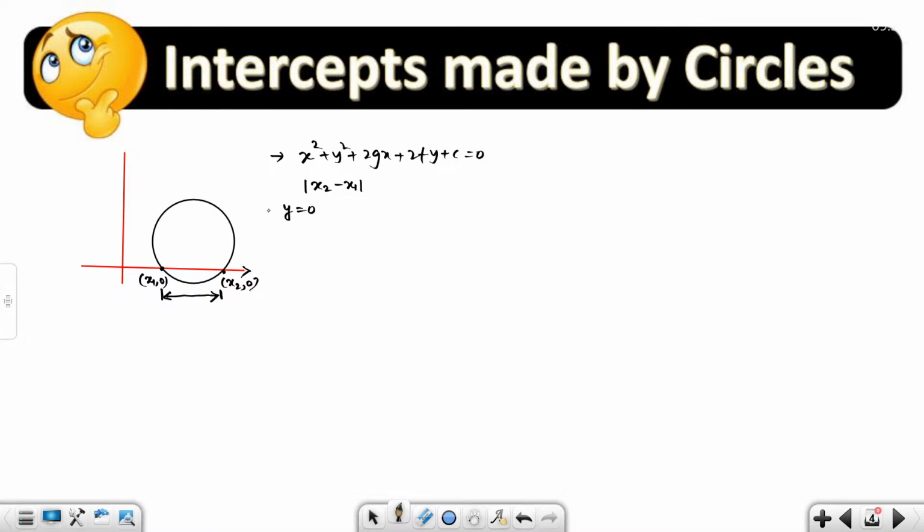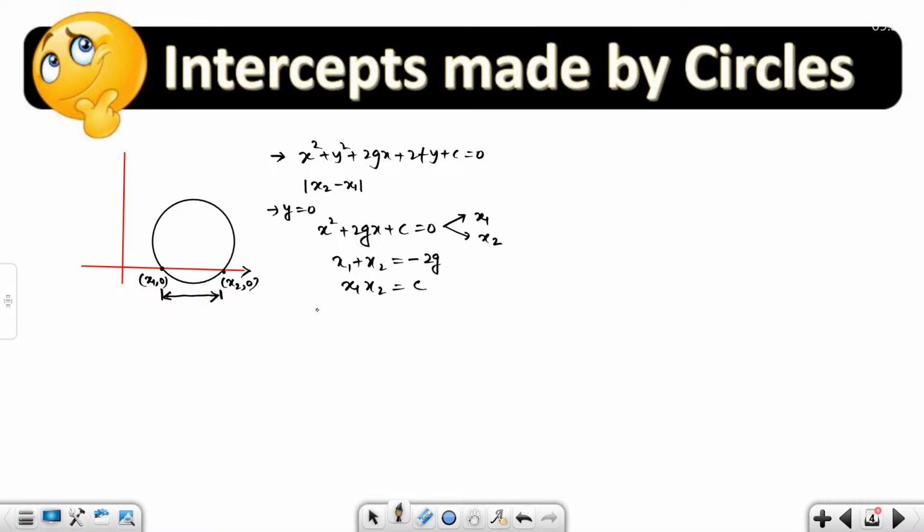So if I solve y equals to 0 and the equation of the circle, we are going to have a quadratic equation in x. This equation will have two roots, one is x1, another one is x2. So your x1 plus x2 will be minus 2g, and x1 x2 will be c, sum of two roots and product of two roots.